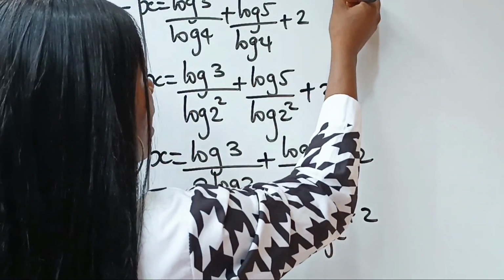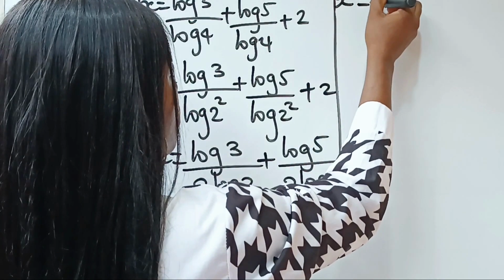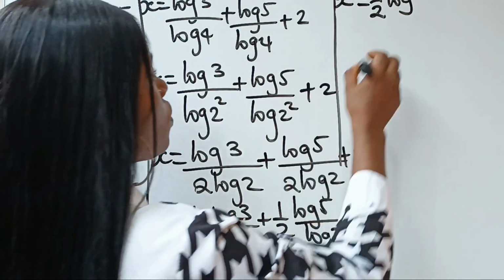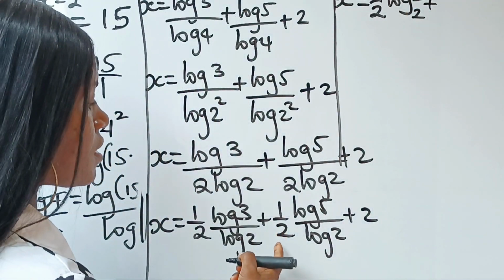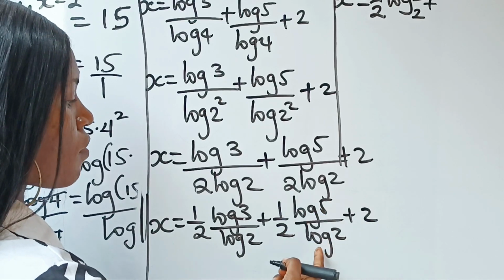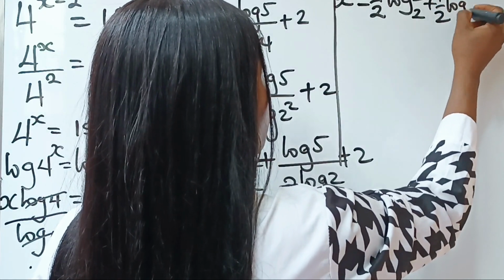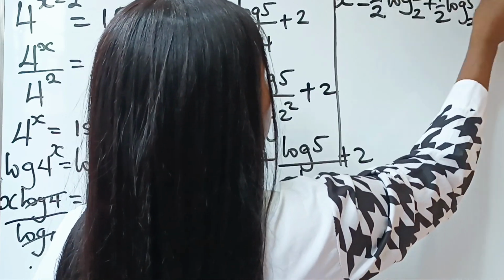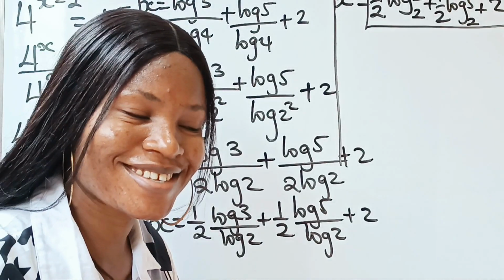So we can now write that x is equal to half log 3 base 2 plus half log 5 base 2 plus 2. So this becomes the simplest form of our x.